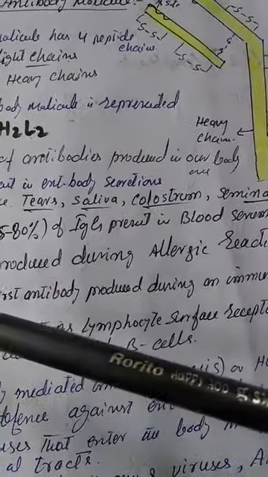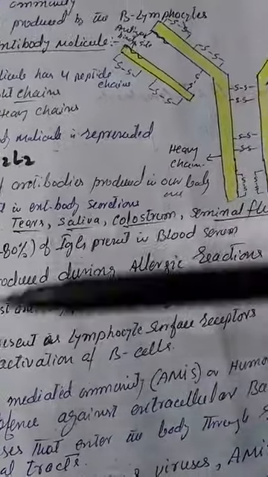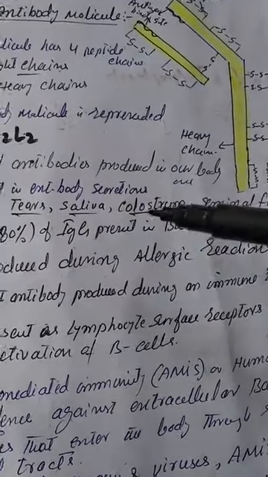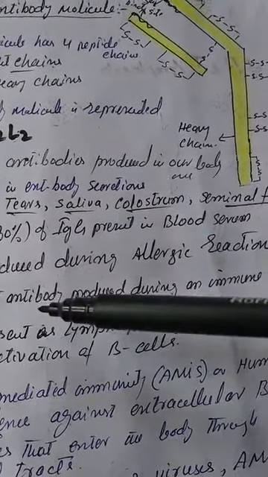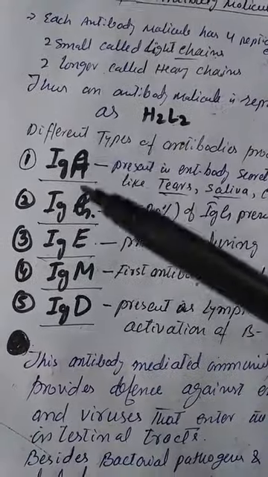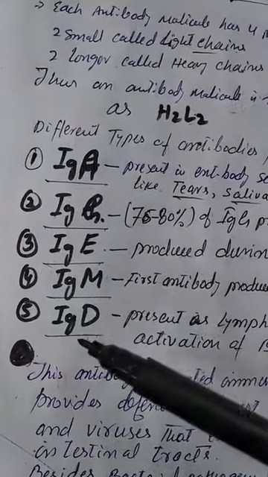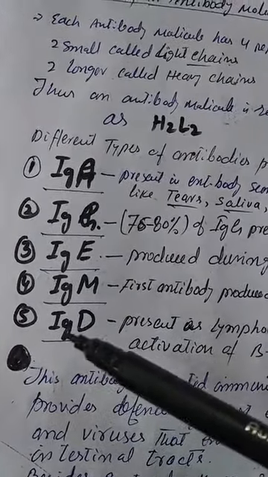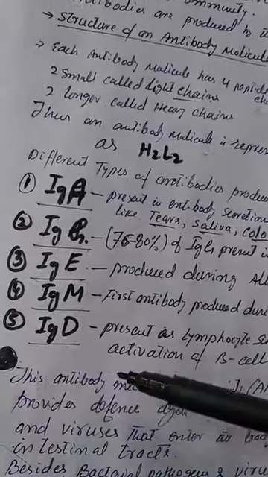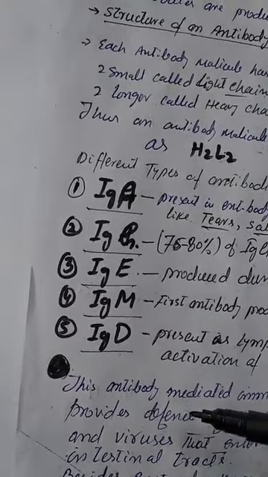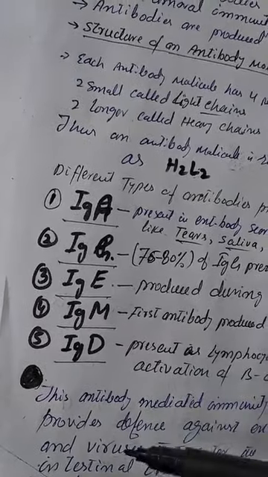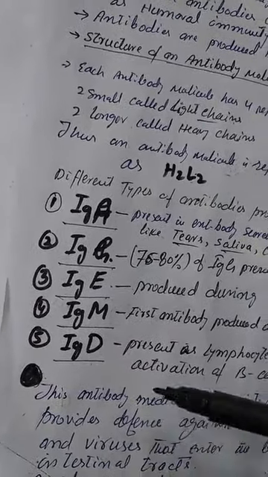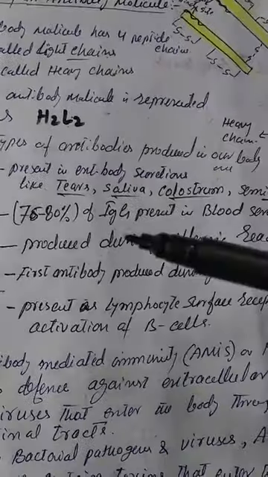This IgM, immunoglobulin M, is the first antibody that is produced during an immune response. The fifth and last immunoglobulin is IgD, or immunoglobulin D. This immunoglobulin D is present as lymphocyte surface receptors and is involved in the activation of B cells.